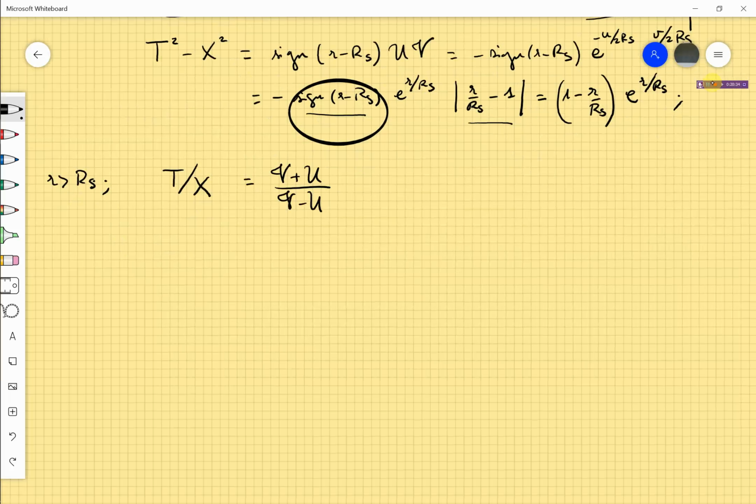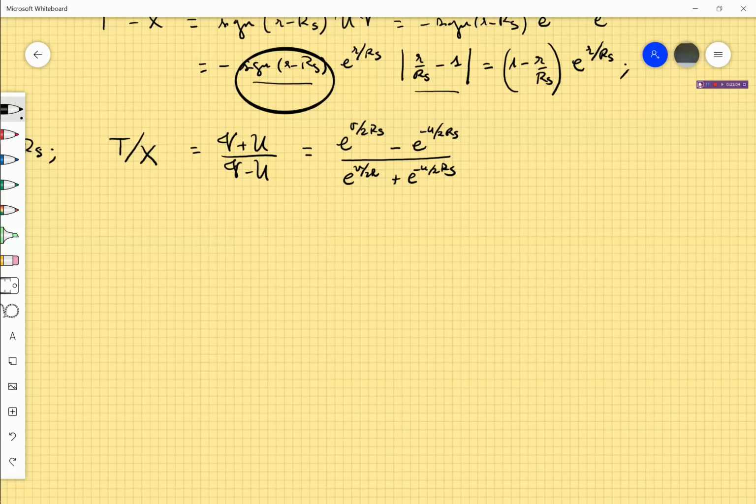Both of them have a factor of 1/2, but they cancel. Now these are exponentials, so let me write everything explicitly: e to the v divided by 2rs minus e to the minus u divided by 2rs, and here you get the sum, plus e to the minus u divided by 2rs.